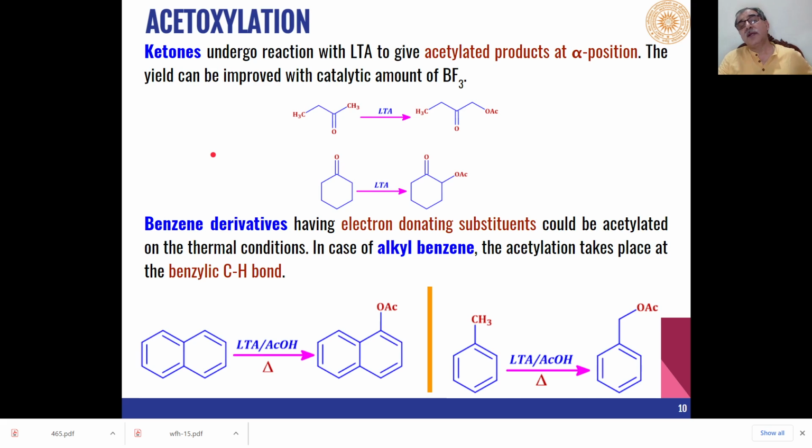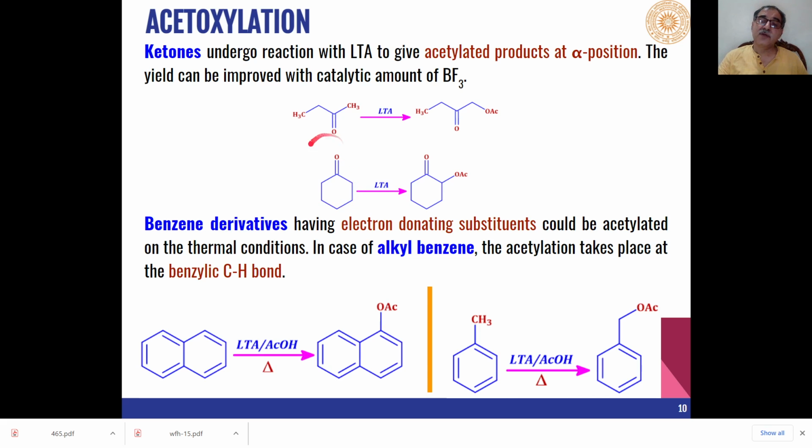Then lead tetraacetate can also lead to acetoxylation of different types of carbonyl compounds or benzene derivatives. So, for example, if we have this molecule, ethyl methyl ketone, and it is reacted with lead tetraacetate, then this will undergo acetoxylation at the alpha position of the carbonyl, and we will get this type of alpha acetoxy ketone as the product.